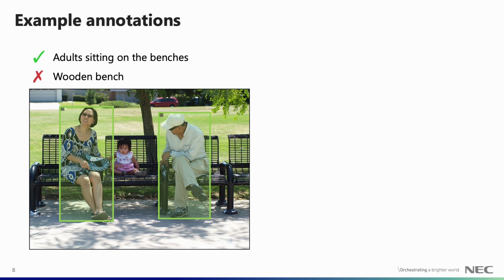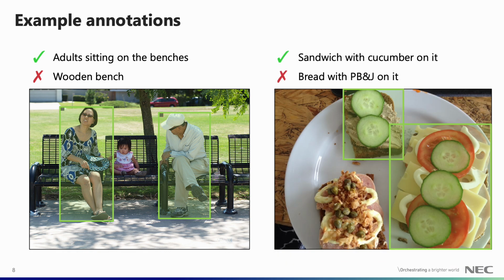The negative description in this example is "wooden bench," which is related to the image because there is a bench, but it's not wooden. And in this last example, the positive description states "sandwich with cucumber on it." With our annotation pipeline, we ensured that there are also sandwiches in the image without a cucumber on it, which then requires any model to look at all the words in the object description.